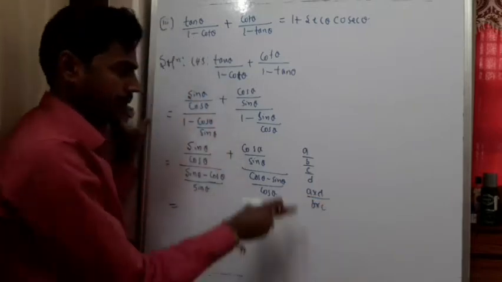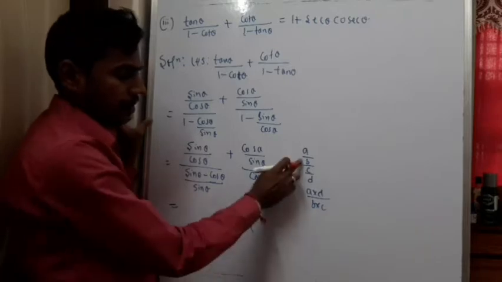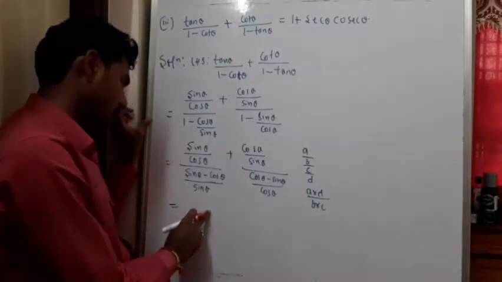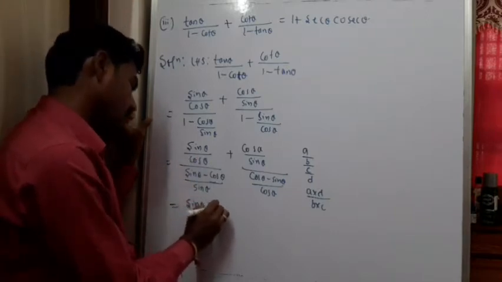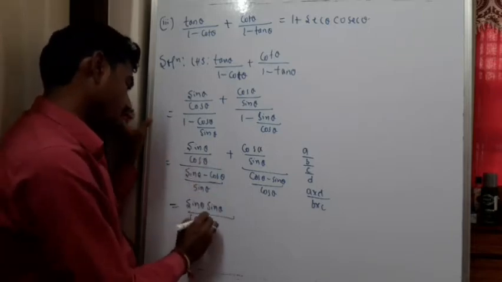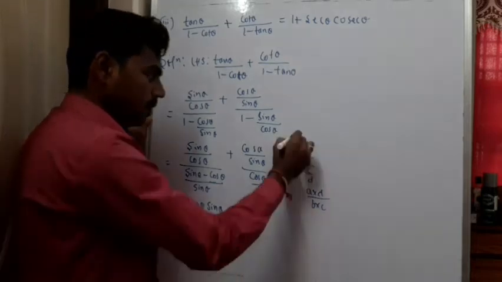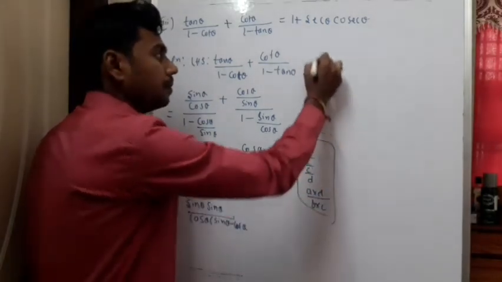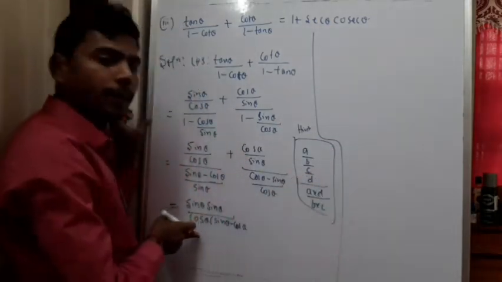So this d will come here, this d will go to the numerator. Similarly, sin theta into sin theta divided by this cos theta will come to the denominator. Cos theta into sin theta minus cos theta. This is very important. This is the hint. So if you are able to understand this, then you will be able to understand this.